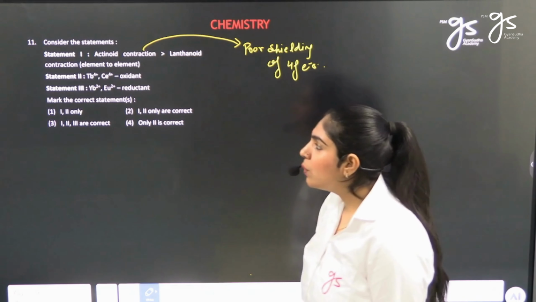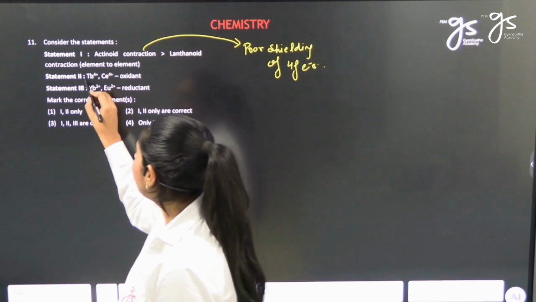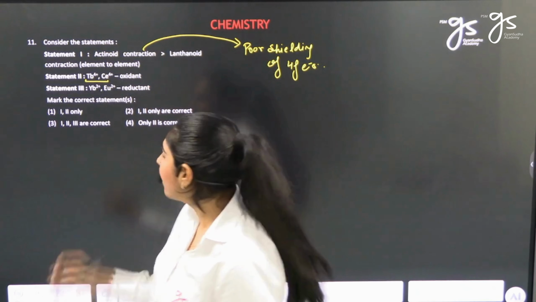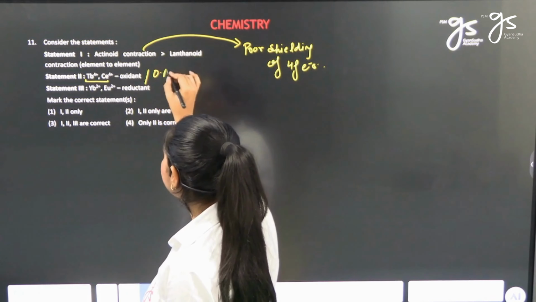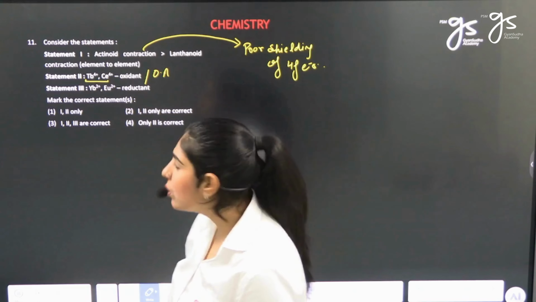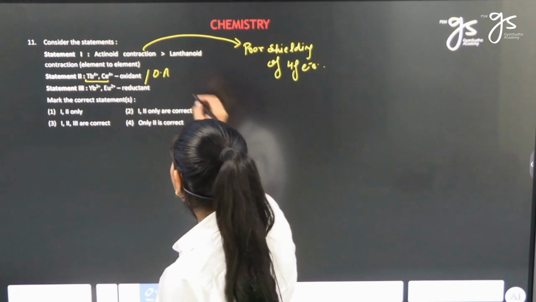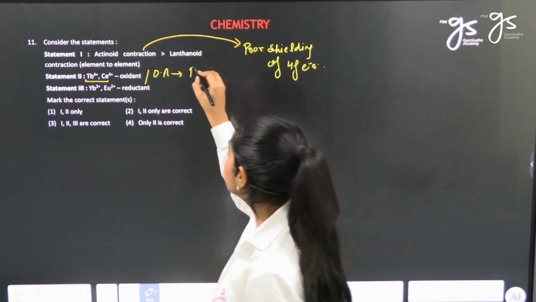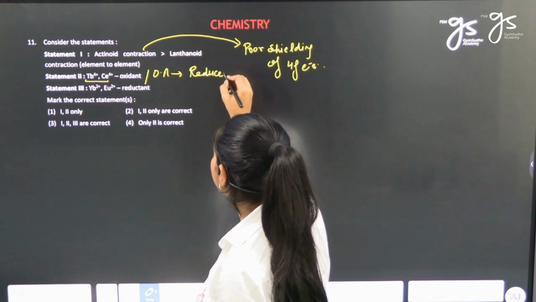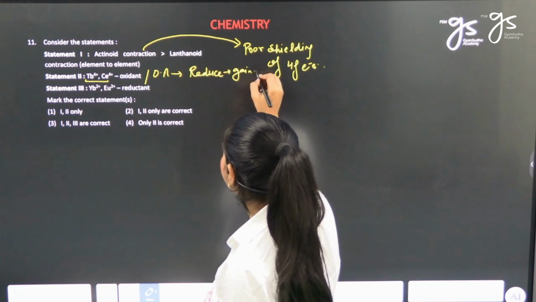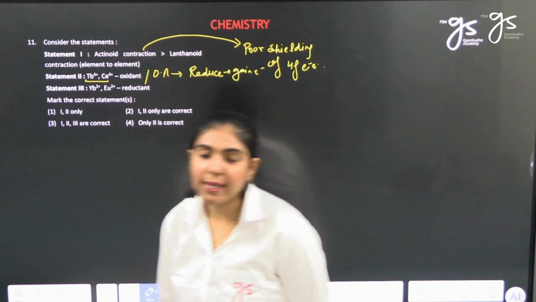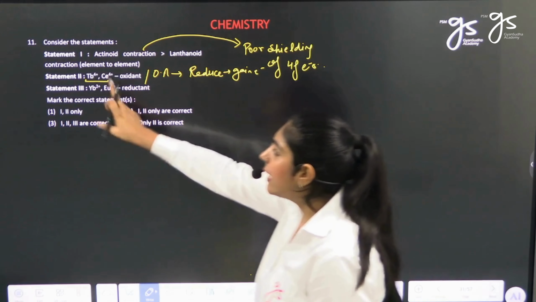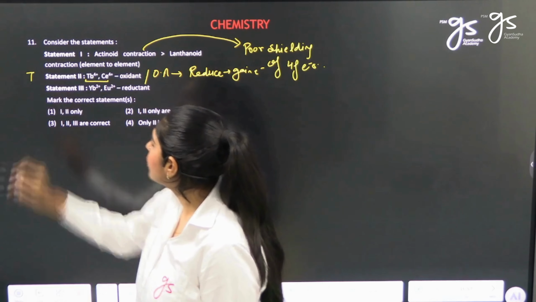Now statement 2 is saying Tb4+ and Ce4+ is oxidant. That means it is oxidizing agent. We all know what is oxidizing agent. Oxidizing agent or the oxidant, they reduce themselves and they gain electrons, right? So from these ions we can see that they have the stable and the half filled configuration, so they will gain electrons. So statement 2 is true.